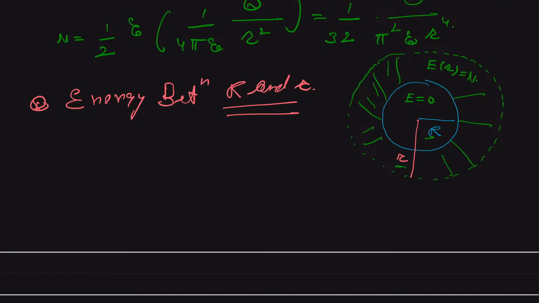And we can just denote it by capital U from capital R to small r, and that will be equal to the integration from capital R to small r of this small u times 4 pi r square dr. And if we want to, we can just assume that there is a small surface inside it, and by the help of this we are going to get the same equation. Okay, otherwise you can just write it directly also.